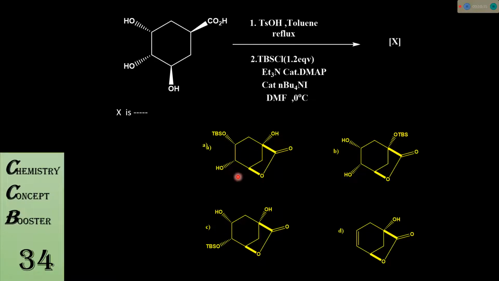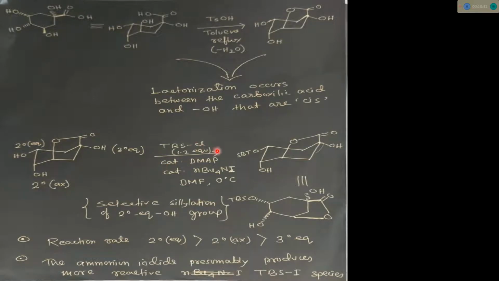In this case, we have to take care about stereochemistry as well as this protection step. There are 3 OH groups that remain free. So if we use 1.1 equivalent or 1.2 equivalent, then only one OH group is protected, that is the 2 degree equatorial. If we use 2 equivalents, or some excess like 2.4 or 2.5 equivalents, then only the 2 degree equatorial and 2 degree axial OH groups will be protected.